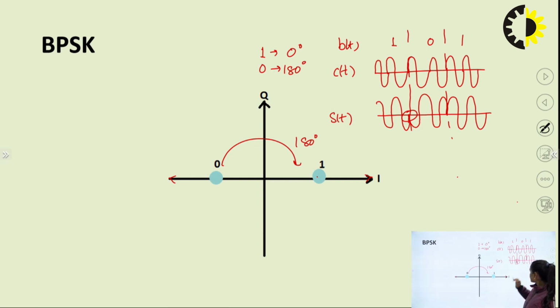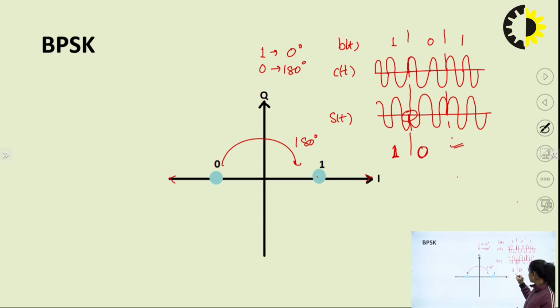So at the receiver, my modulated wave will be compared with the carrier. These phase variations will give the prediction of what bit was actually sent, right? So when these two are compared, from this phase variation, it will be easily read that the previous bit was bit 0, but here the previous was bit 1, and here the bit is 0 because of the phase variation observed here, right?